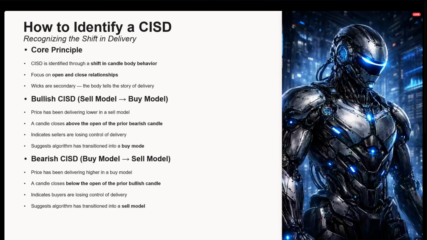As Rob and ICT have said plenty of times, wicks do the damage. In this context, you want to pay attention to the body because that is the story the market is telling you. So in the context of a bullish change in the state of delivery, in which a sell model flips to a buy model, you need to again remember your context. Price has been delivering lower into a sell model.